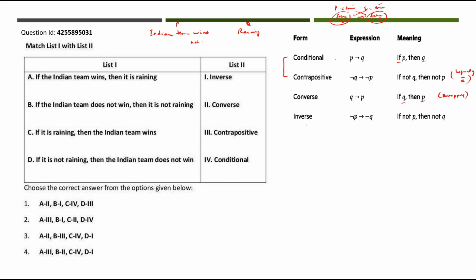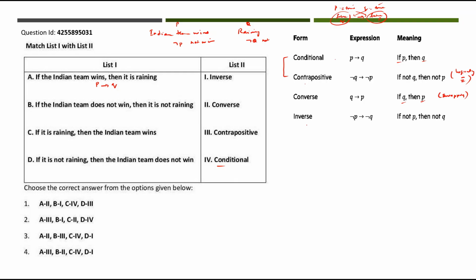So when it is not winning, this will become negation of P. When it is not raining, this will become negation of Q. If Indian team wins, it is P, then it is raining, it is Q. So P implies Q. What is P implies Q? It is conditional statement which is mapping to option 4 in list 2.